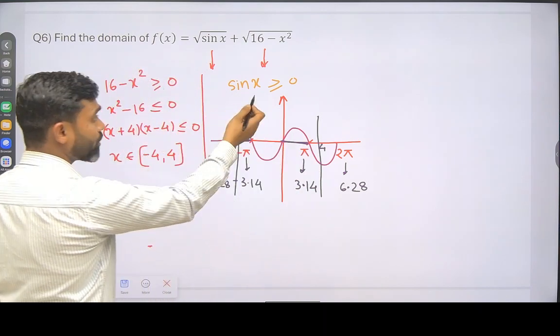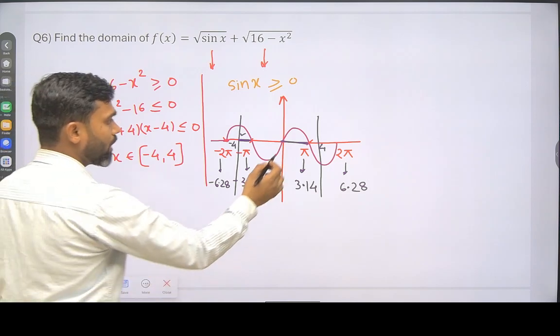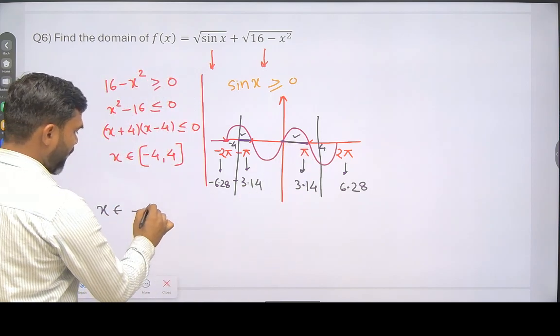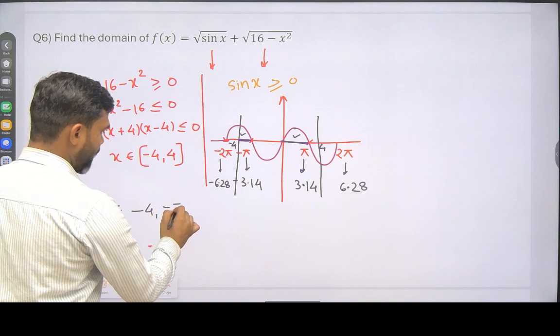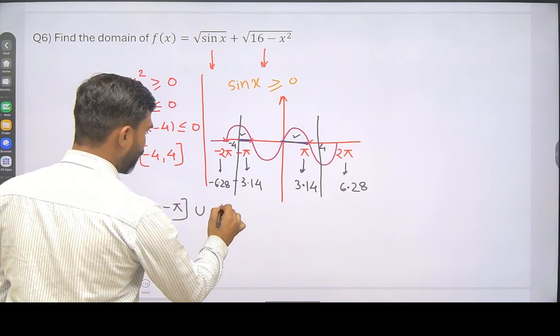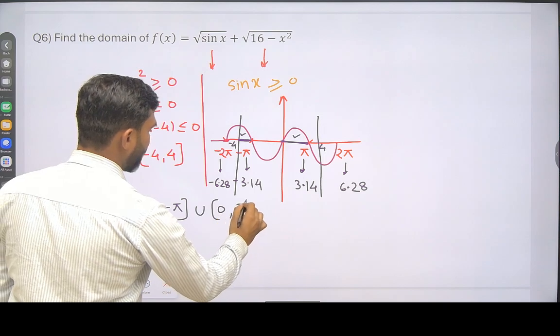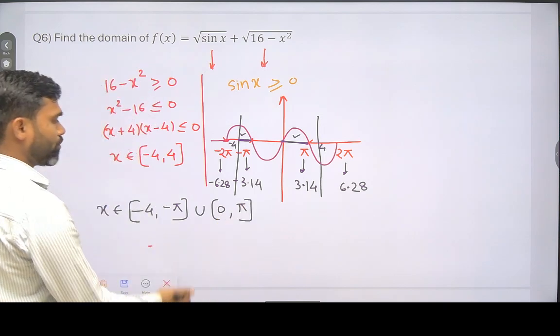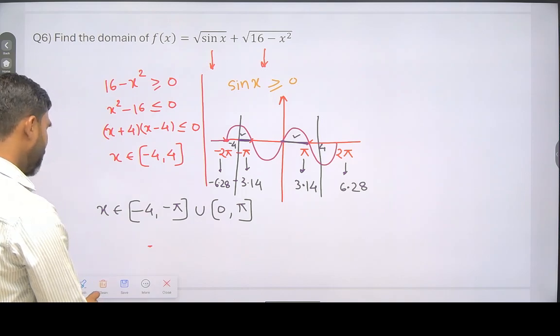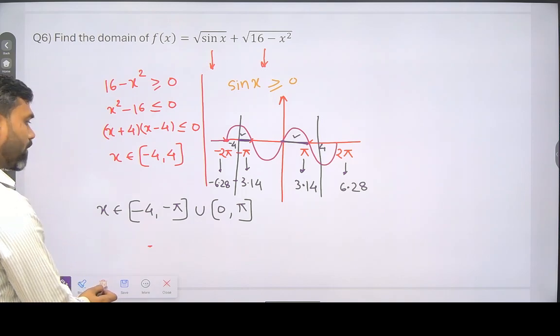I mean sin x should be positive or greater than or equal to 0, I would say. And here also, right? So the final answer will be very easy. Minus 4 to minus pi union 0 to pi, right? So this will be the final answer. Understood? Okay.